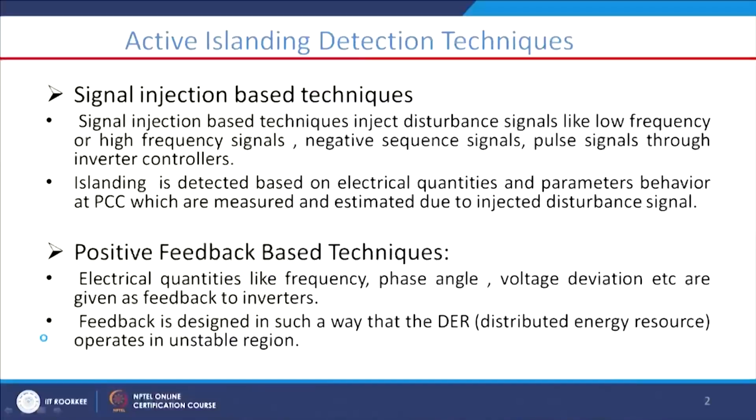Coming to active island detection, the first type is the signal injection based technique. In this technique, we inject disturbance signals with low frequency or sometimes high frequency, or sometimes negative sequence signals or pulse signals, through the inverter controllers.